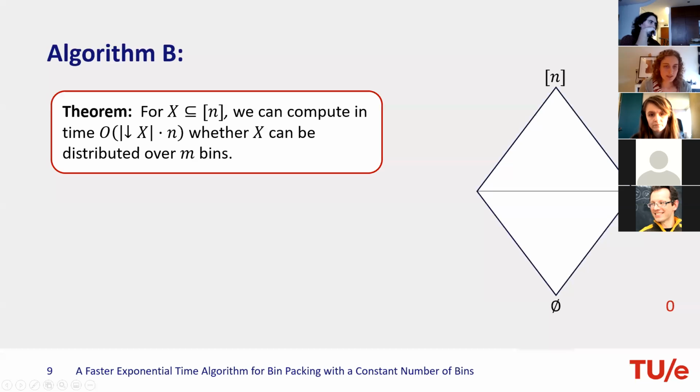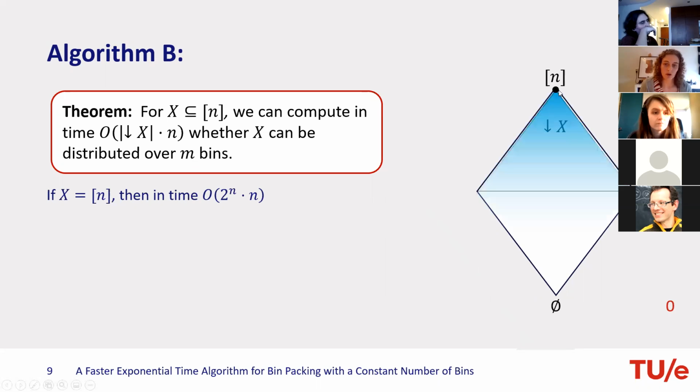How can we use this? Well, if we just take X to be all the items, up at the top here, then the down closure of X is just the whole subset lattice, and the whole subset lattice is of size 2 to the n. So we get our algorithm of 2 to the n times n that I promised earlier.